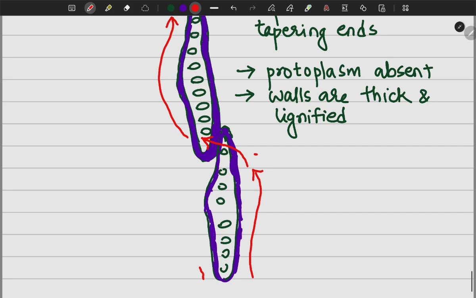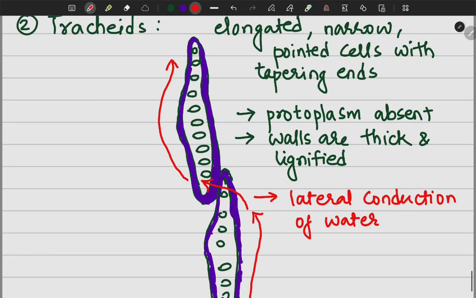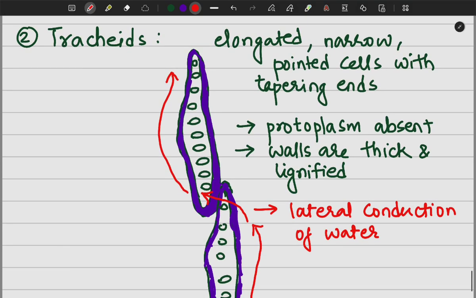Alright, so there is a lateral conduction of water in tracheids. Why? Because the ends are closed, so the two tracheids are joined laterally, and the perforations in these tracheids make a pathway and the water passes laterally. Alright, so I hope tracheids is clear.